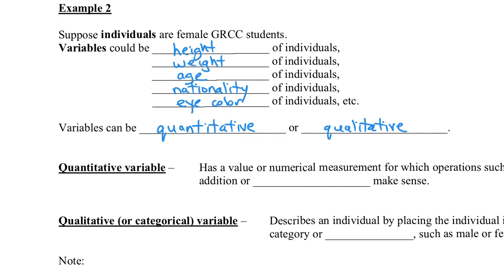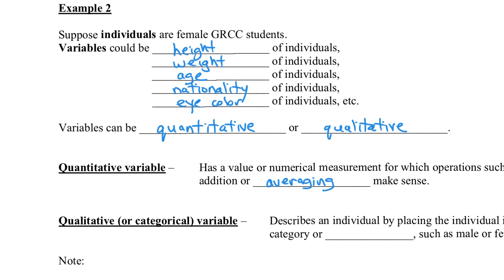So a quantitative variable is one that has a value or numerical measurement for which operations such as addition or averaging make sense.